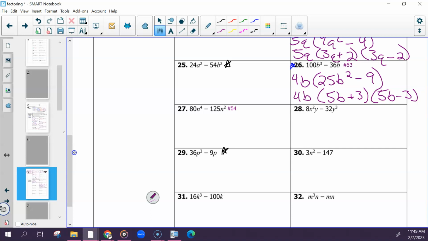You could list out the factors if you want to do that. 2 doesn't work. 5 would work. Do they have any variables in common?